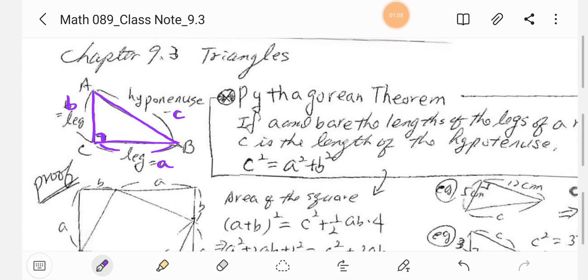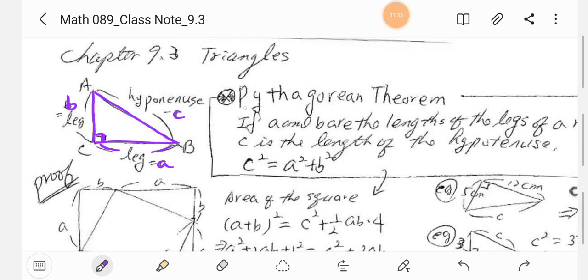The vertex on the top is capital A, and the opposite side is lowercase a. Usually the vertex uses the uppercase, and the side length uses the lowercase.